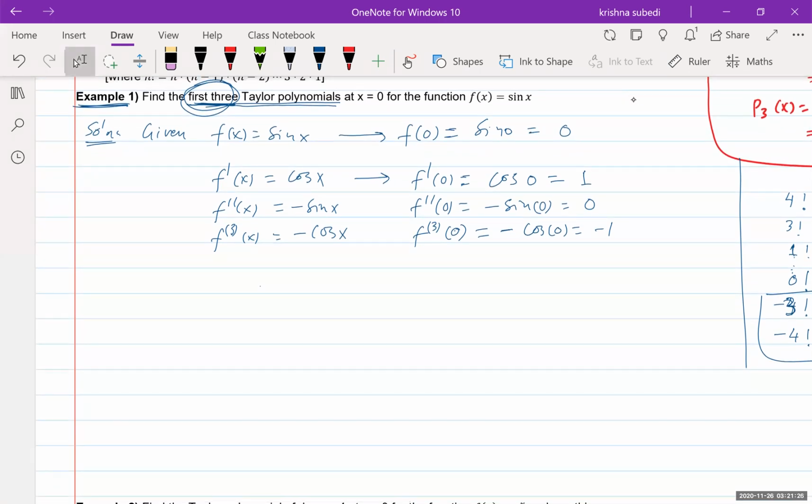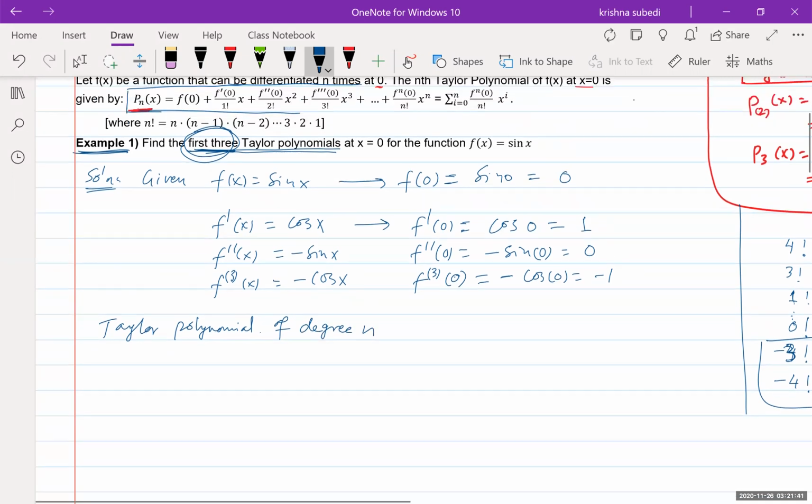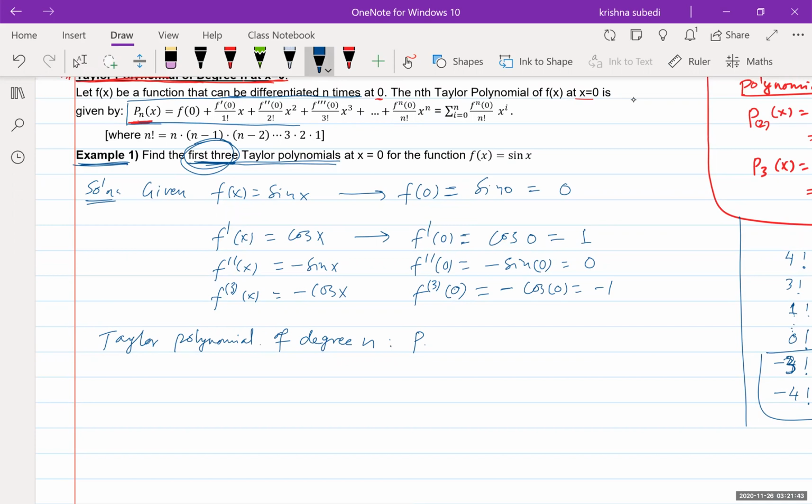Now let us copy the formula. The Taylor polynomial of degree n is given by the formula P n of x equals f of 0 plus f prime of 0 over factorial 1 times x, and so on.